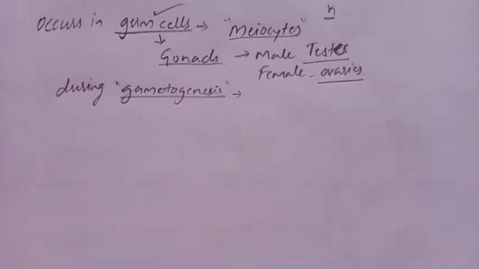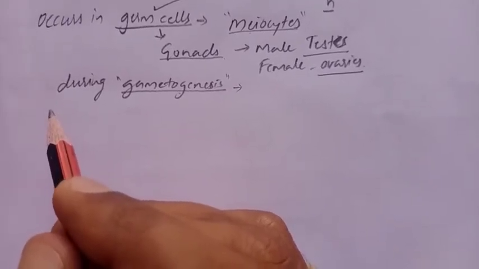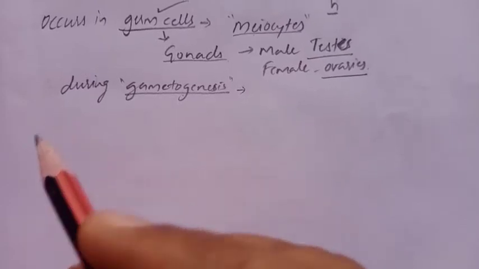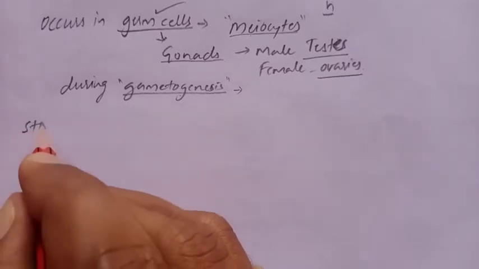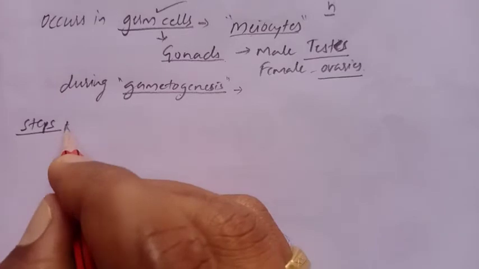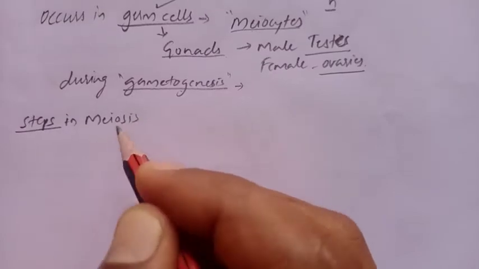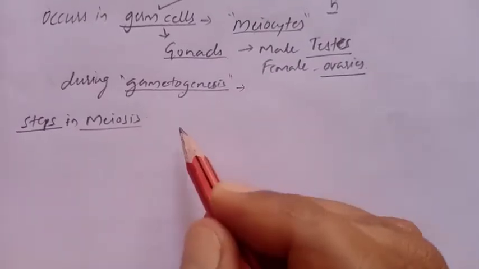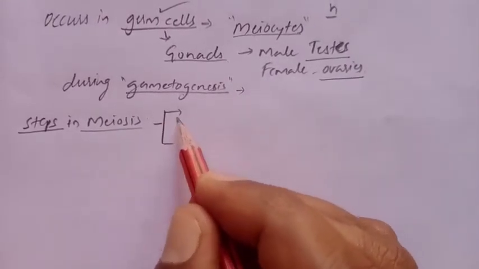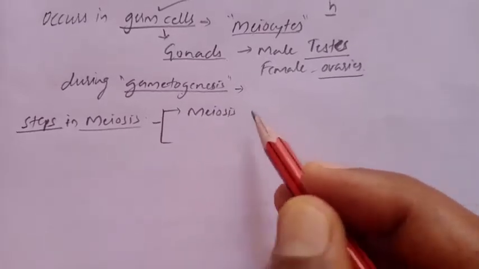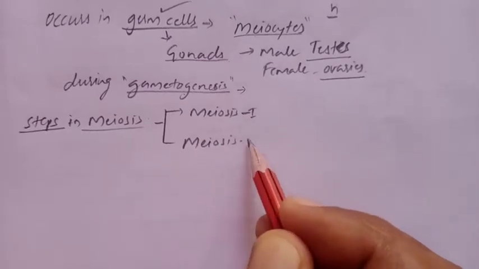Now, the steps in meiosis. There are two main steps: meiosis first and next meiosis 2.